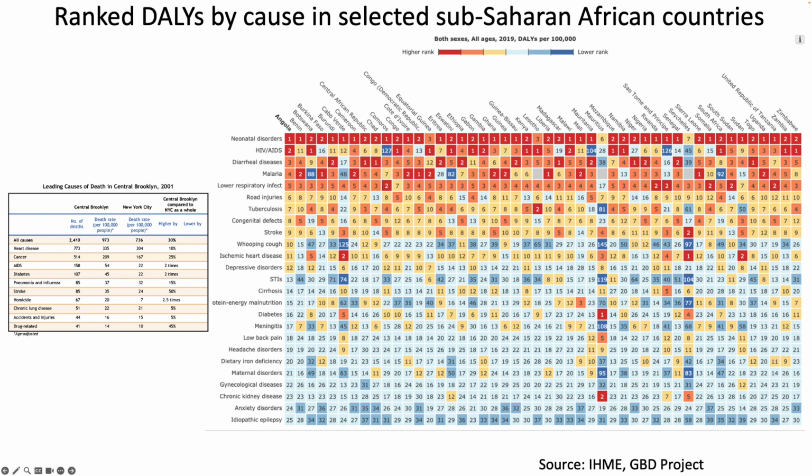So you can see the numbers in each of these cell blocks for the countries going across the top, and the different causes of death going down on the left. Ranking DALYs, the number one cause of DALYs in many cases is neonatal disorders, followed by HIV/AIDS and diarrheal diseases.